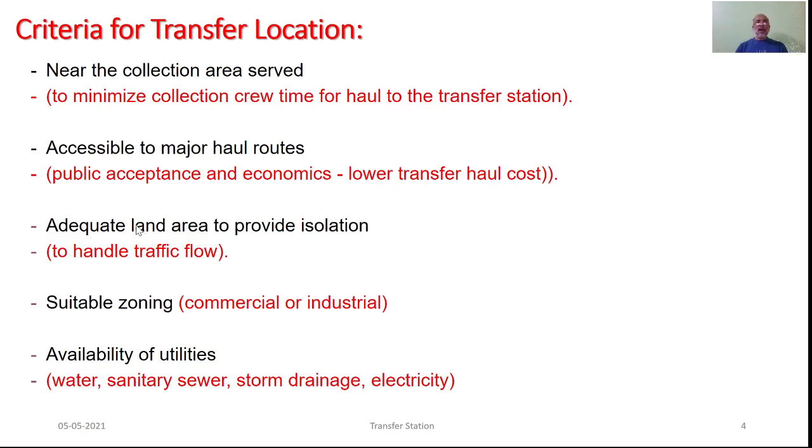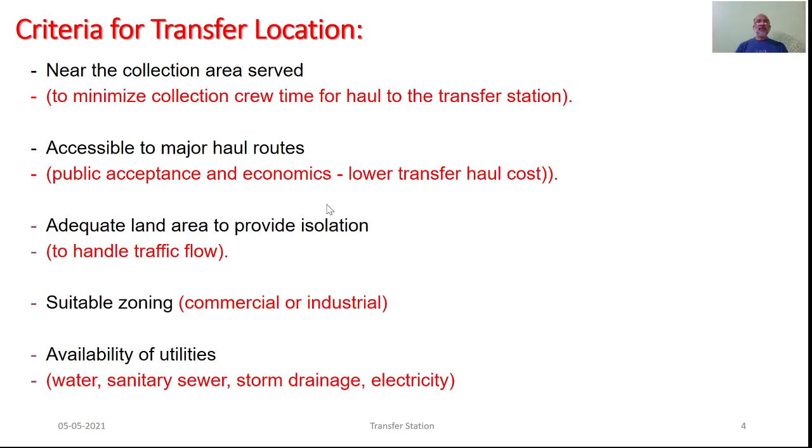It has to have adequate land area to provide the isolation. It should go with certain suitable zoning like commercial or industrial. It must have enough segregation from the residential locations.